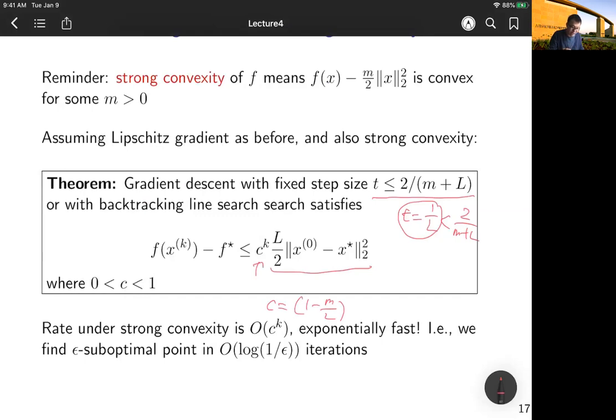Okay, so let's calculate the corresponding iteration complexity. Suppose we have the suboptimality to be on the order of c to the k.